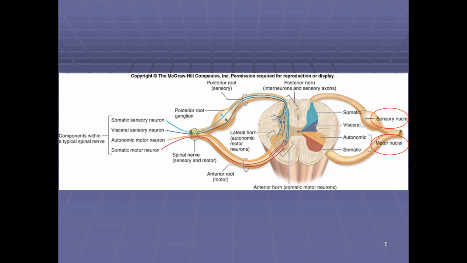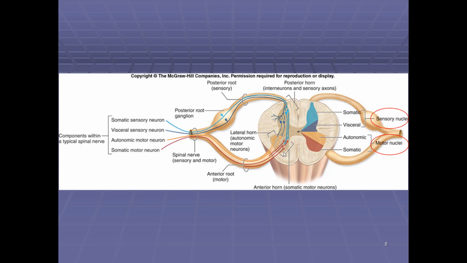The somatic motor neurons going to skeletal muscle are found in the anterior horn, and the autonomic ones that go anywhere else, like smooth muscle, cardiac muscle, and glands, have cell bodies in the lateral horn. So that's a key anatomical distinction between the two.